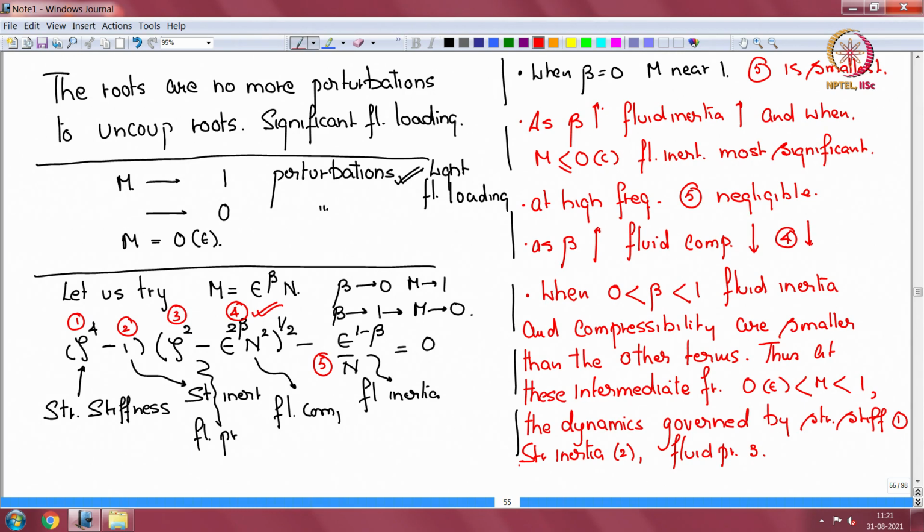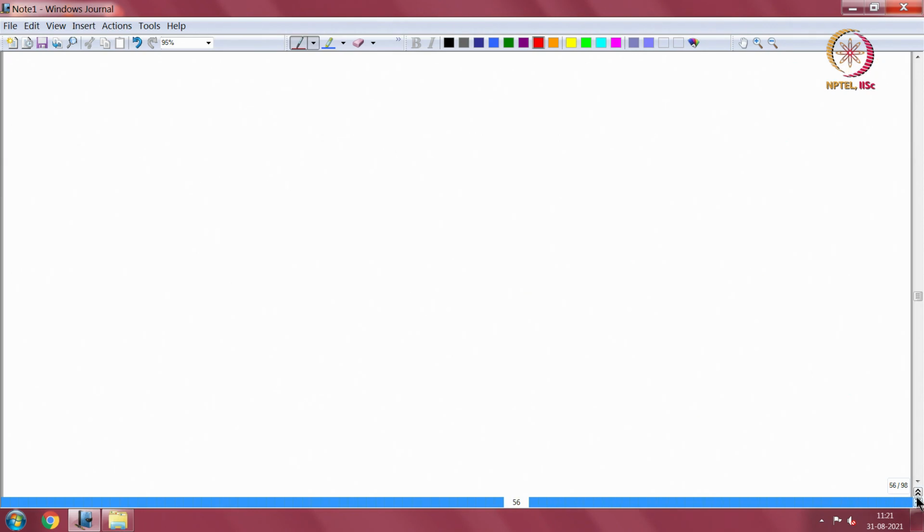And within this range, as beta goes up, the fluid inertia starts to dominate and compressibility comes down.